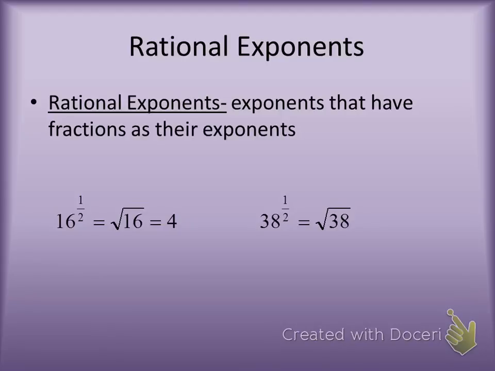But what you do need to know is how to change from one to the other. All the work we're going to do, since we're in the exponent chapter, we're going to do the rational exponents. If you look, that's the conversion. So 16 to the 1/2 power, you could just rewrite as the square root of 16.